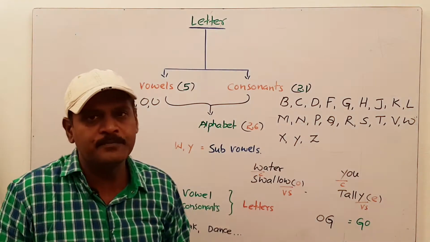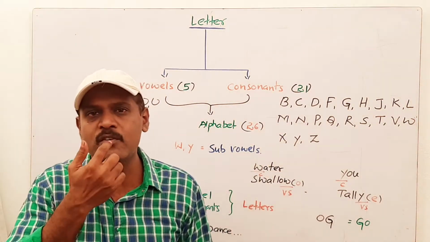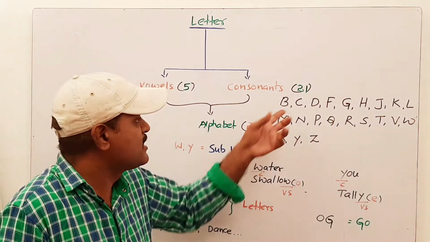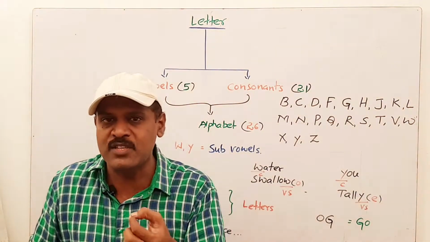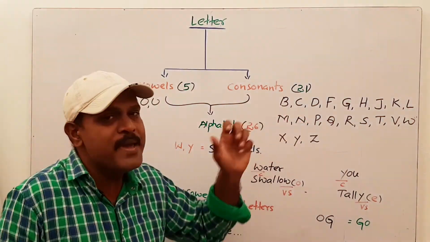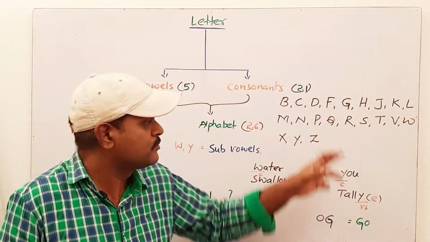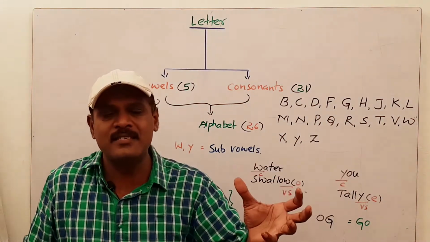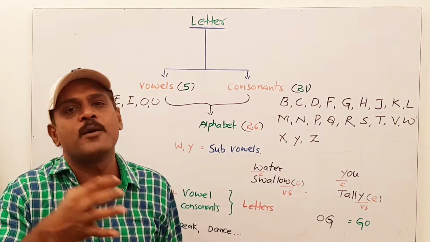Example, B. We have to touch our lips. C. We have to touch our tongue. D, P, Q, R. In this way, we pronounce them.